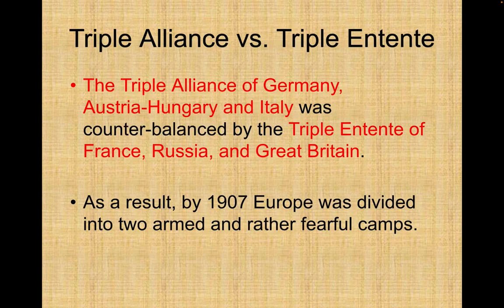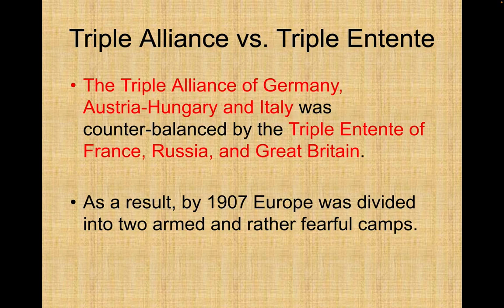So with these alliances formed, if one country was to go to war with another, it would bring all of the other countries in on that war. This one, I personally would argue, is one of the most important of the five causes.